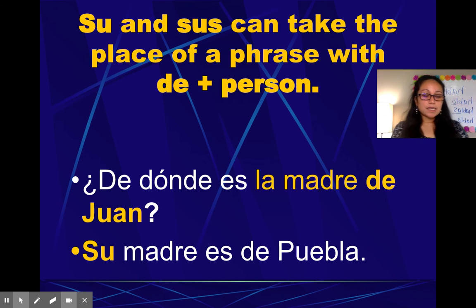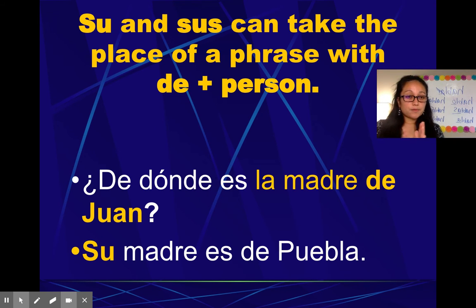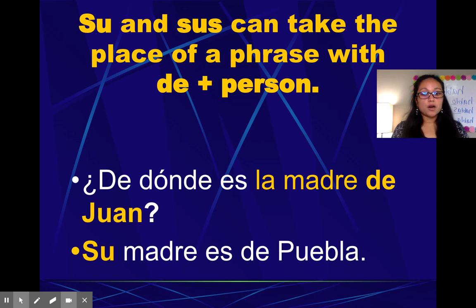So when we practice this on el viernes, okay, it's going to be something like this too, where it can take the place of the person if you're responding to a question, okay? So, ¿de dónde es la madre de Juan? Where is his mother from? Su madre es de Puebla. Her mother is from Puebla, okay?